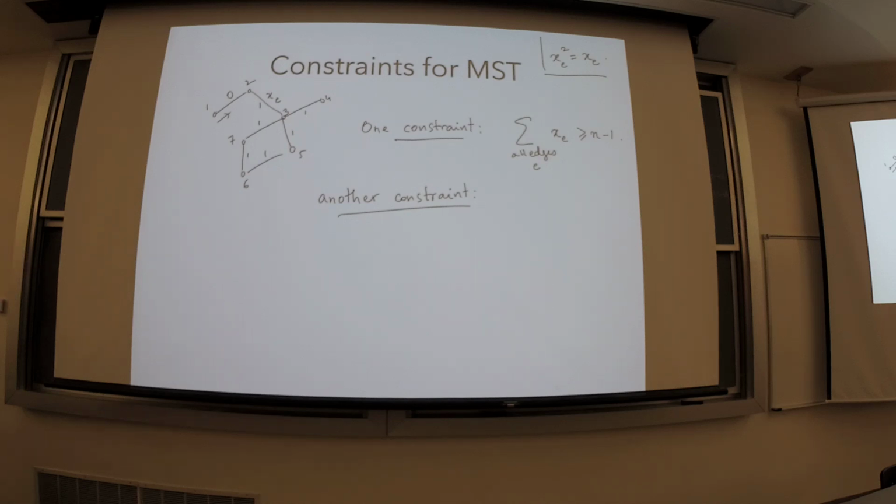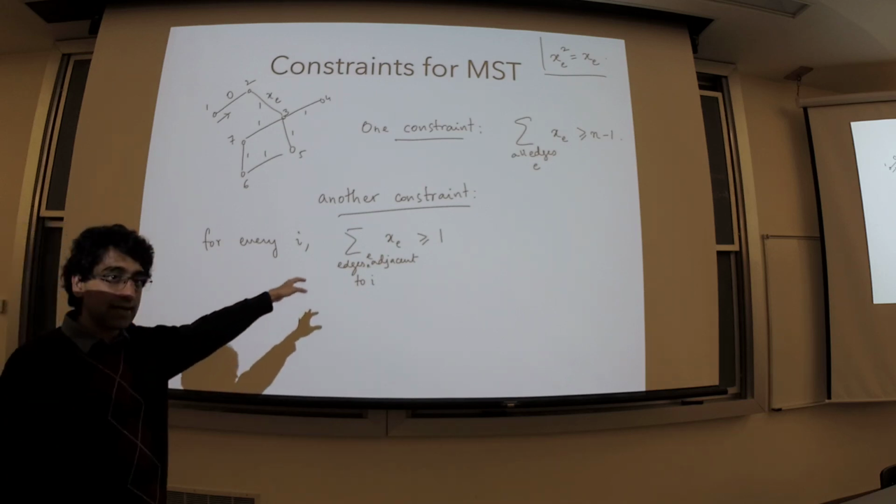So you might think that for every vertex i, the sum over edges e adjacent to i of x_e should be at least 1.